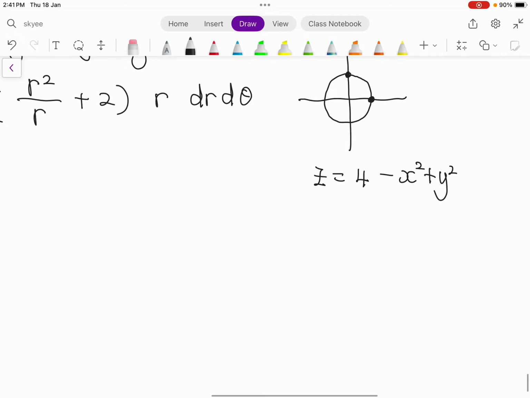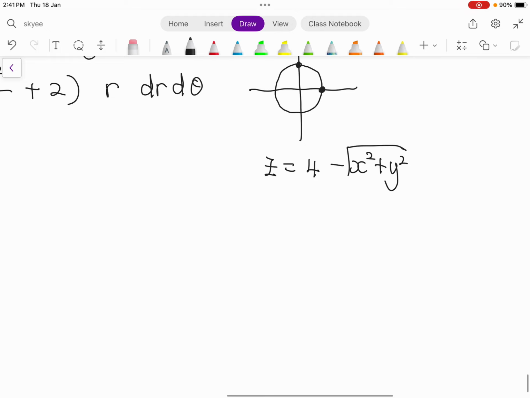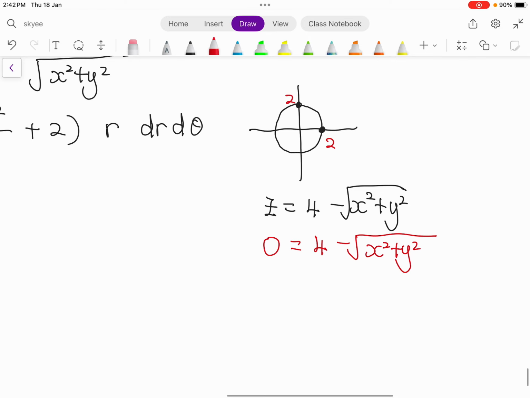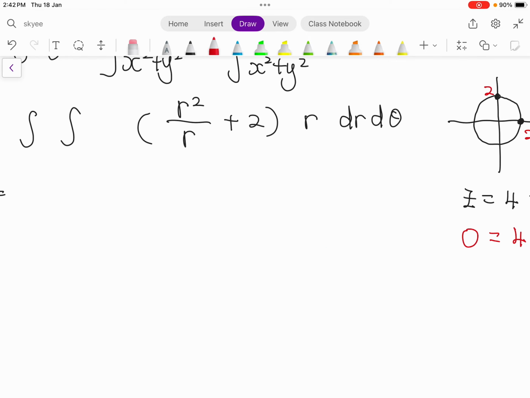When you put z equals 0, this will give you the radius of the circle, which is 2. So dr will be from 0 to 2, and this is 0 to 2 pi.